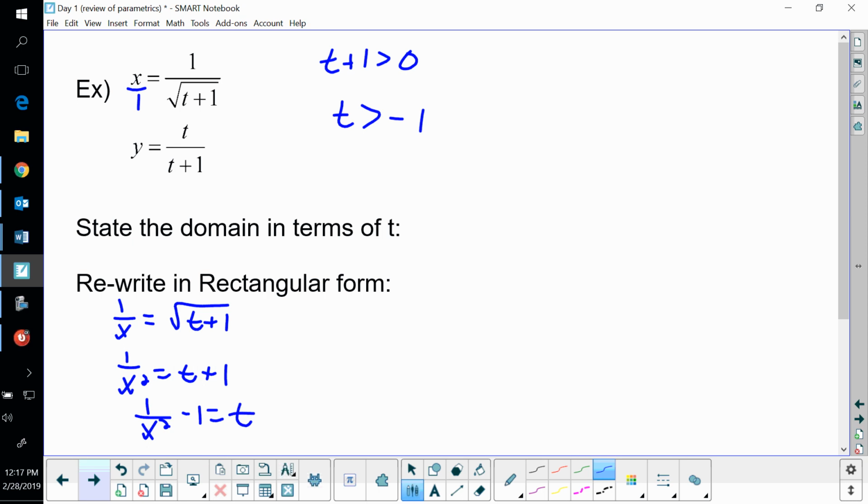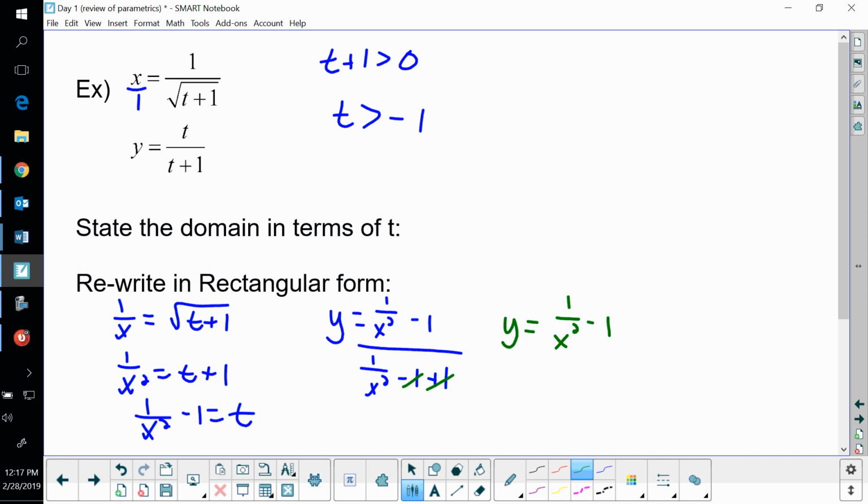So we can go over to our y, and anywhere we see t, we will put that in. So we'll have 1 over x squared minus 1, all over 1 over x squared minus 1, but then the plus 1 is there, so those add to 0. So we really just have 1 over x squared minus 1 over 1 over x squared.